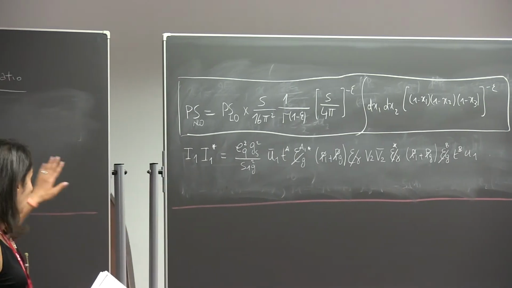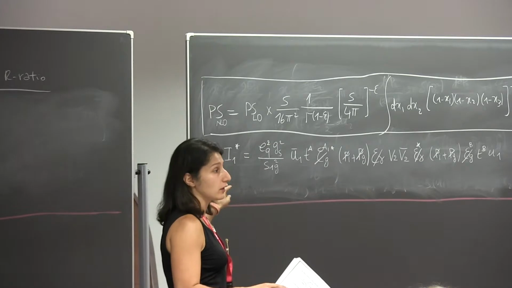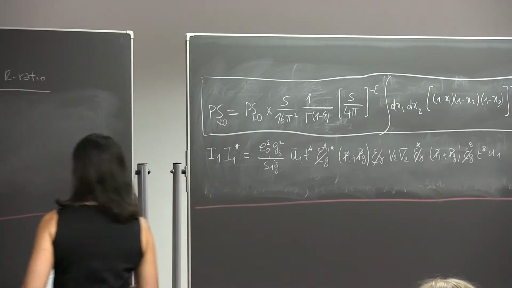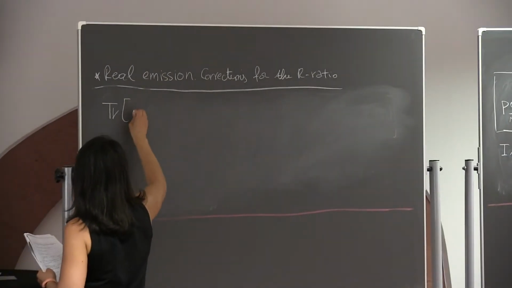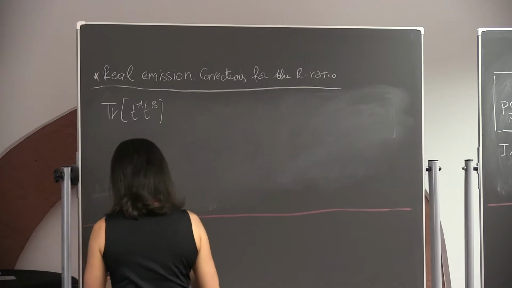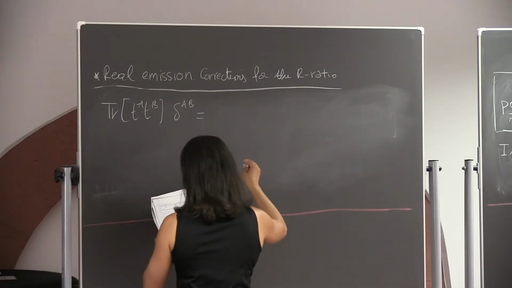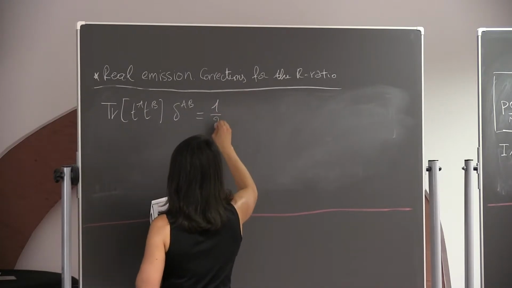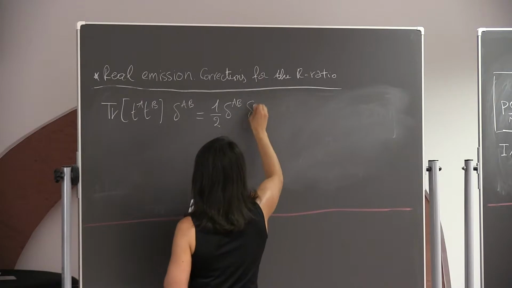Part of that trace is a trace over the color matrices that appear in here. So the trace over the color matrices TA, TB that will appear in here times delta AB is simply 1/2 delta AB times delta AB.